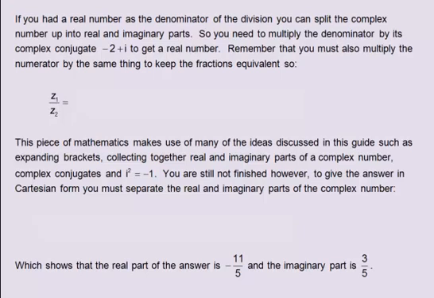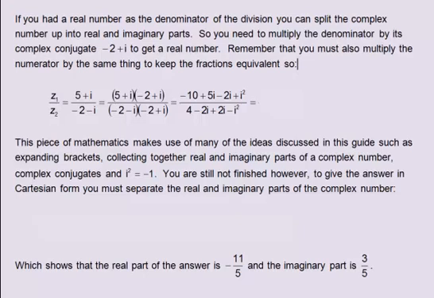So z1 divided by z2 equals (5 + i) divided by (−2 − i), which equals, after multiplying the numerator and the denominator by −2 + i, (5 + i) multiplied by (−2 + i), all divided by (−2 − i) multiplied by (−2 + i), which equals (−10 + 5i − 2i + i²), all divided by (4 − 2i + 2i − i²), which equals (−11 + 3i), all divided by 5.